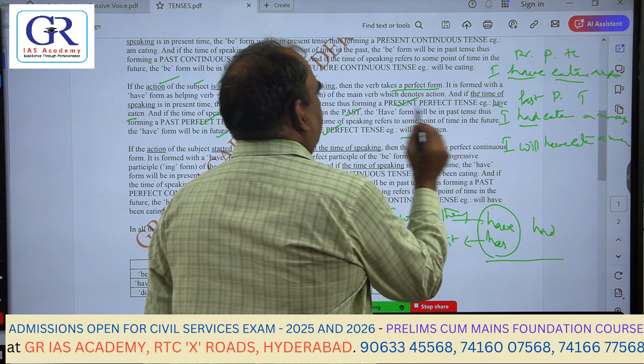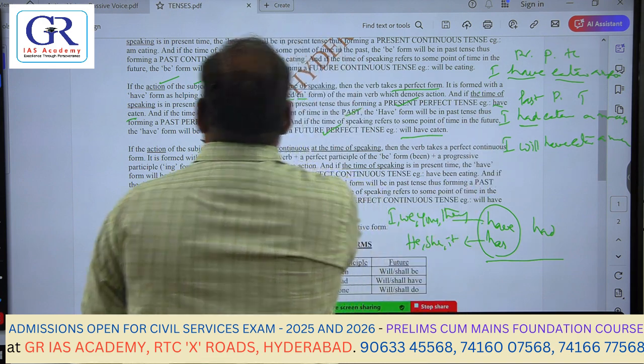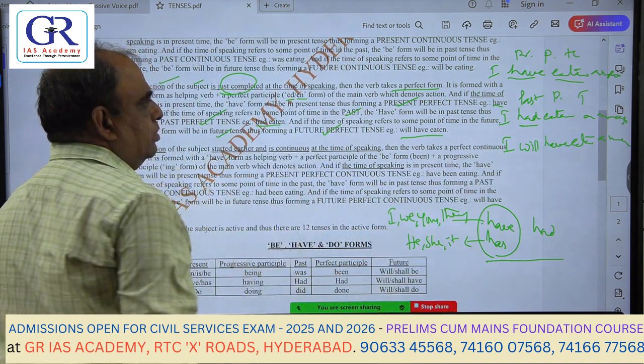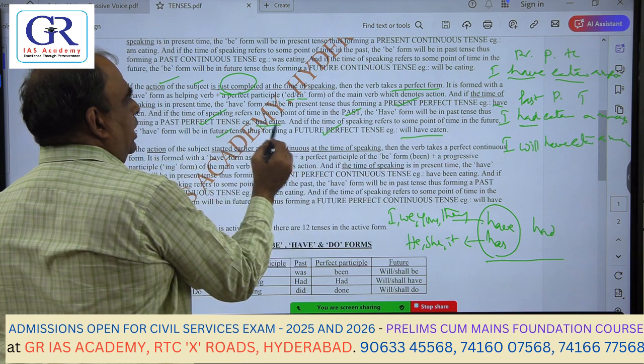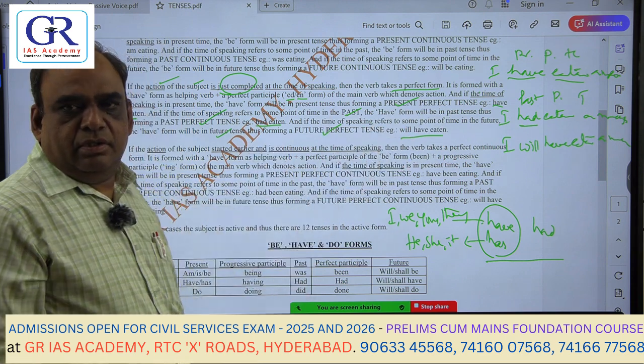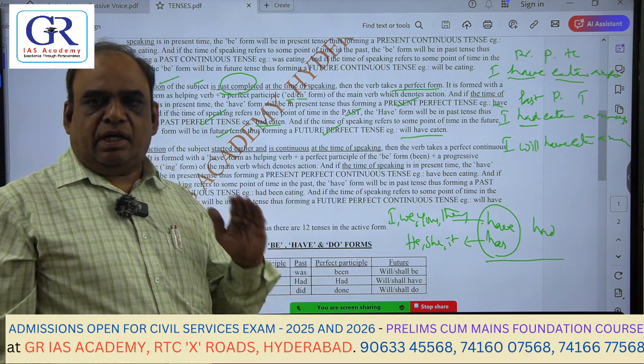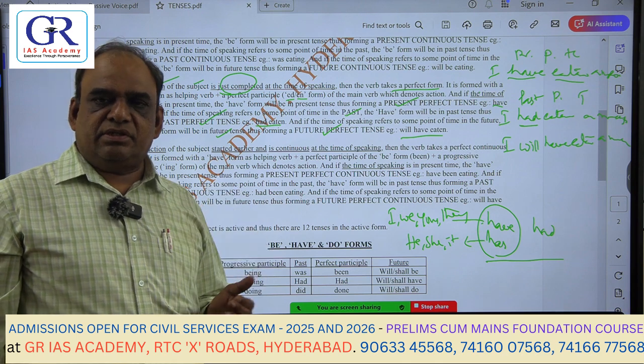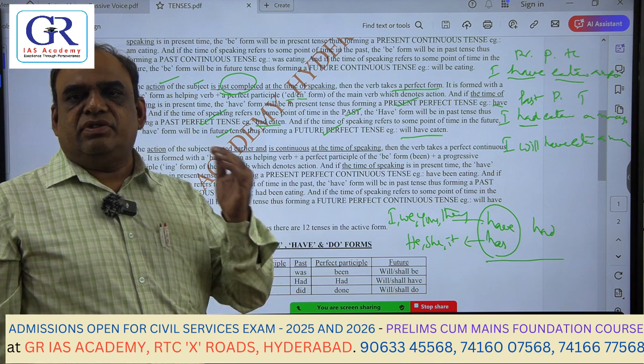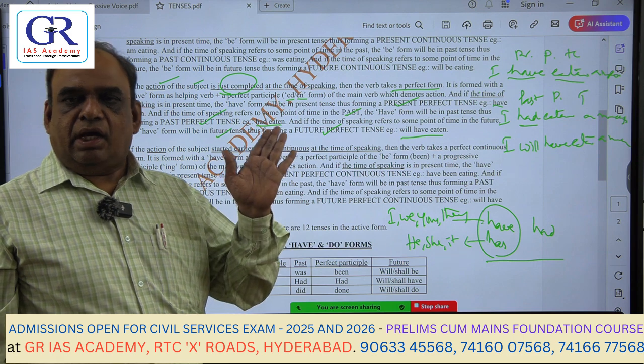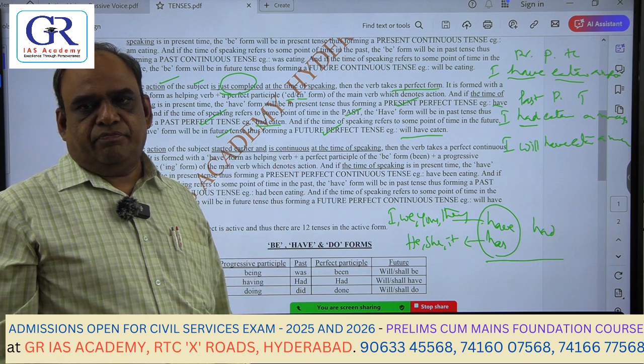So you can see will have eaten, and then had eaten. Have eaten, had eaten, will have eaten. If it is in present tense, we say I have eaten. If it is in past tense, we say I had eaten. If it is in future tense, we say I will have eaten.